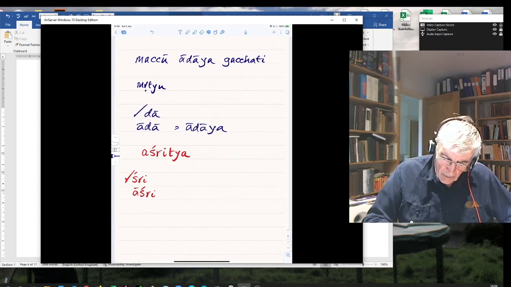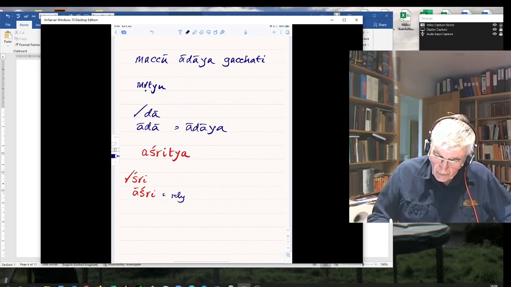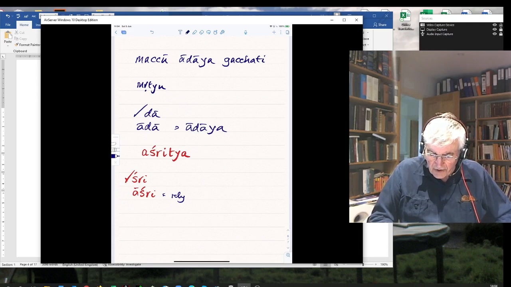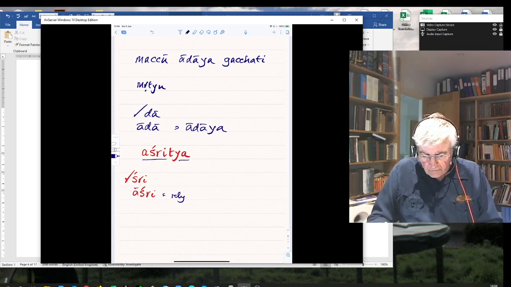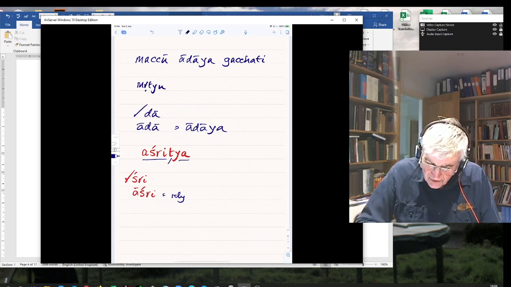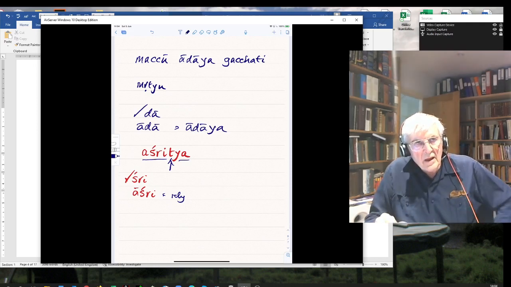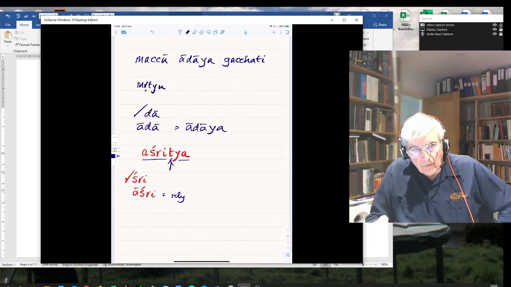Ashritya then looks like ashritya. By the way, there's an inserted t there. I won't bother with that. But it's the absolutive. Ashritya, having relied on.